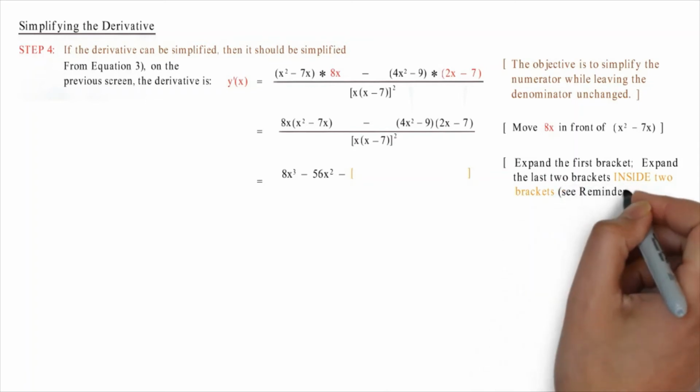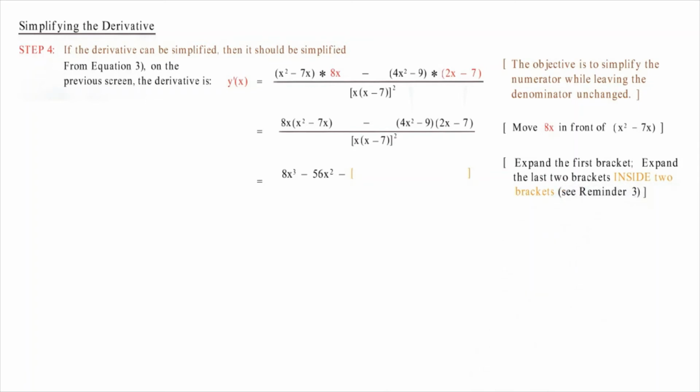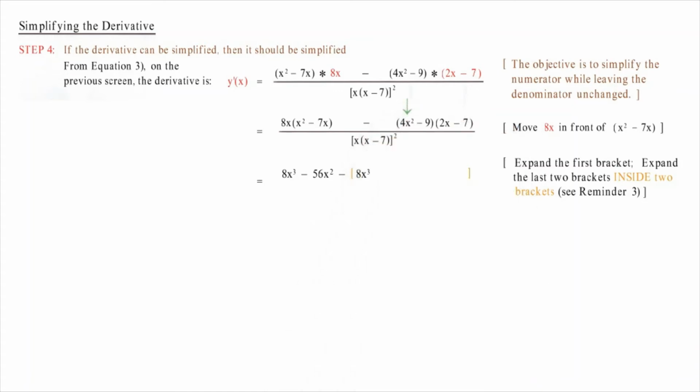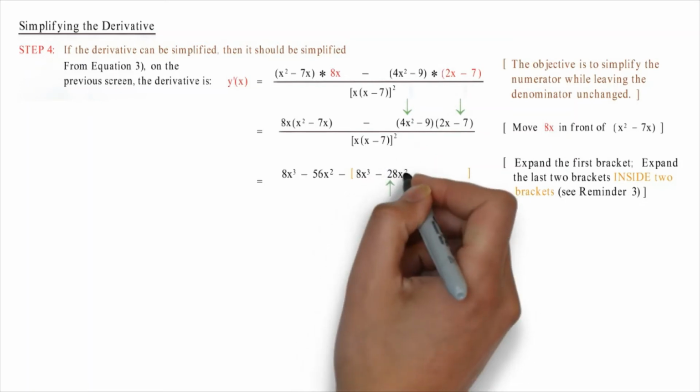See Reminder 3. 4x squared times 2x is 8x cubed. 4x squared times minus 7 is minus 28x squared.